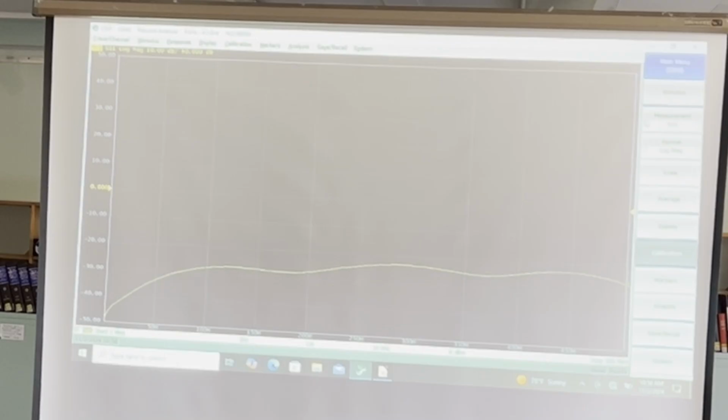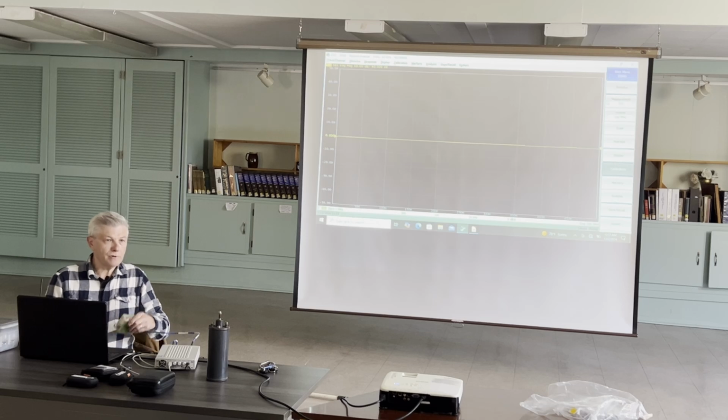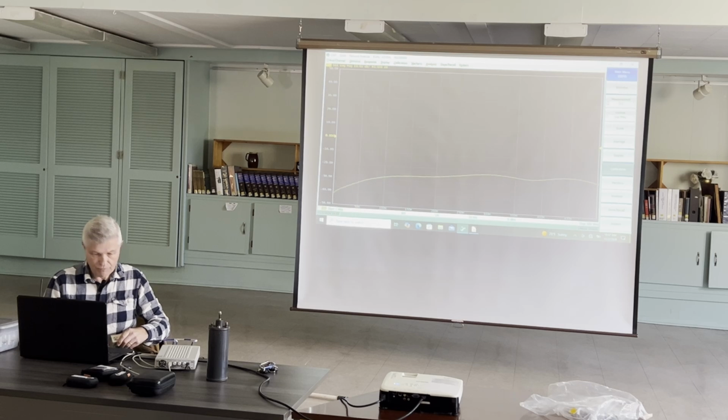So now, remember, we're scanning from 1 megahertz out to 499 megahertz, well, 500 megahertz here. And the return loss is about 25 dB. Now, if I take this load off of here, it's 0, right? Because we get a total reflection. So that's what the analyzer is showing you here, the reflection loss.